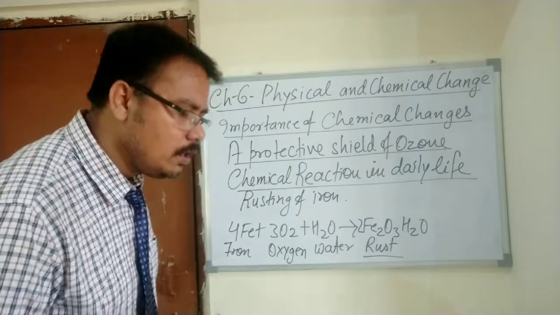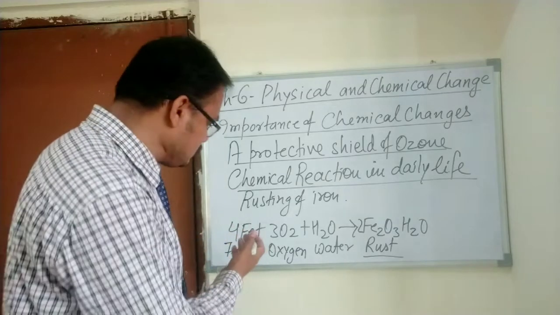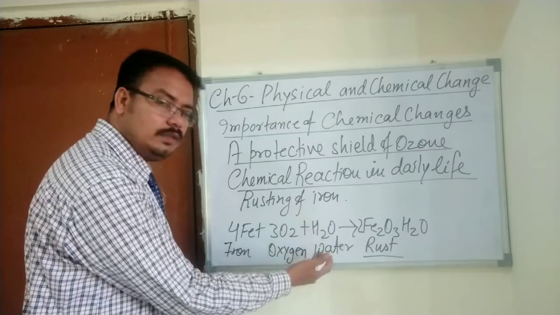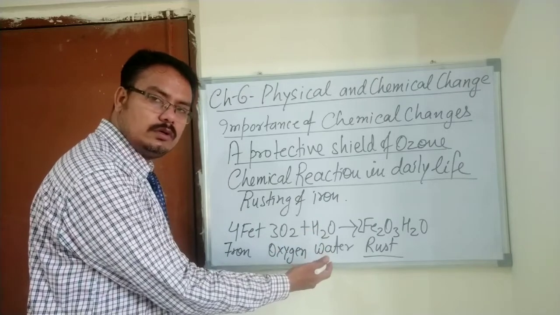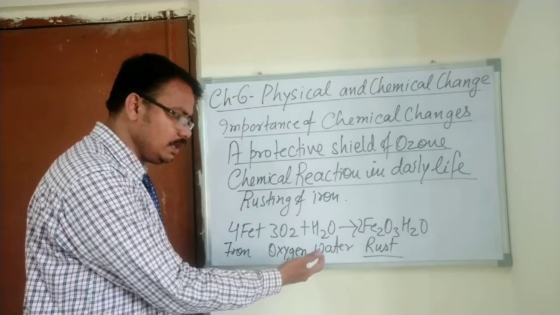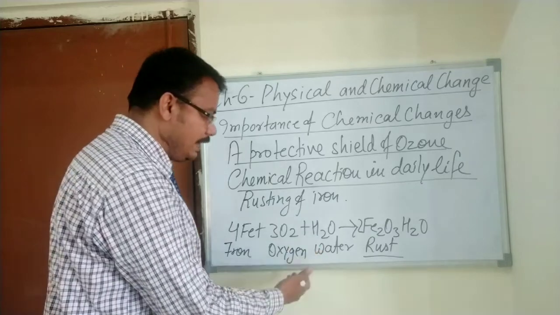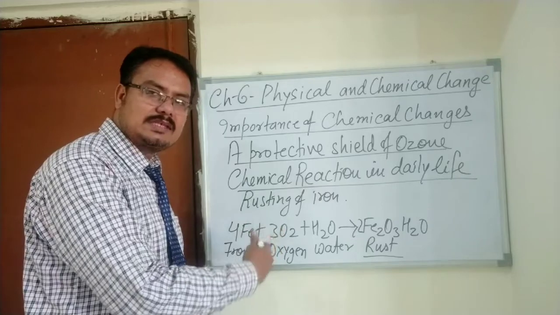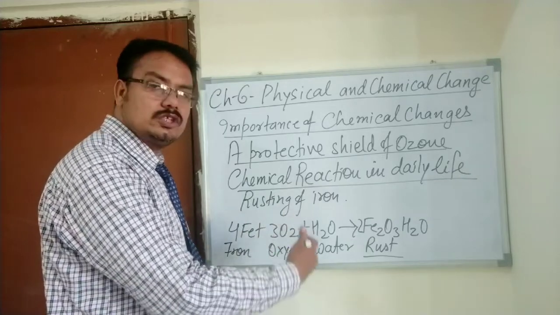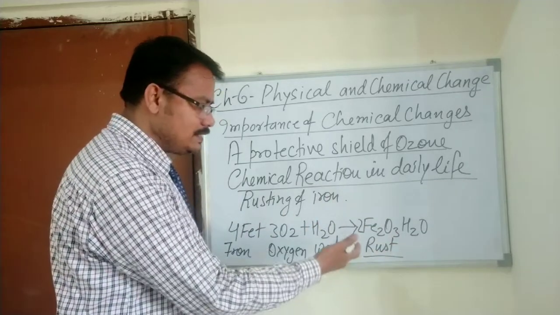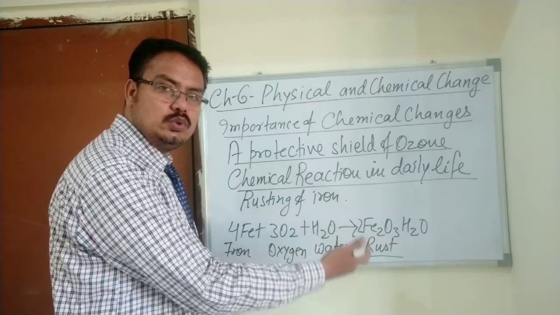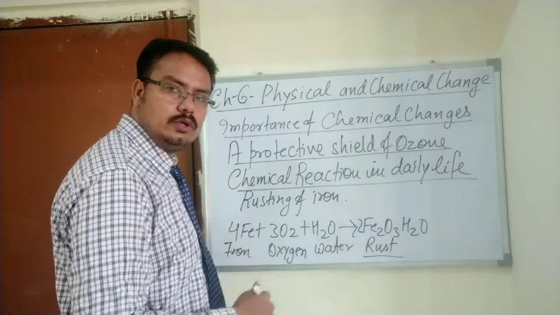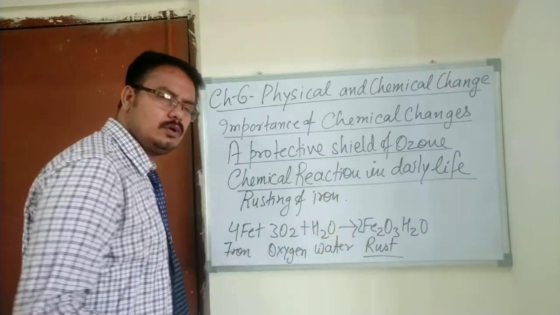Chemical reactions happen, and these chemical reactions convert it into rust, that is Fe2O3.H2O. The 2 in Fe2 means two atoms.